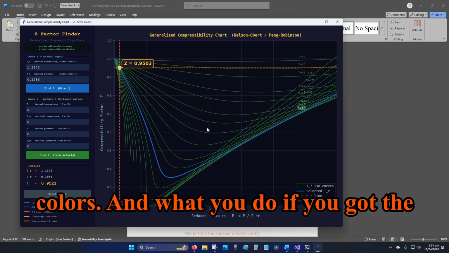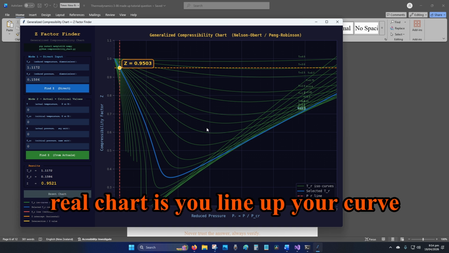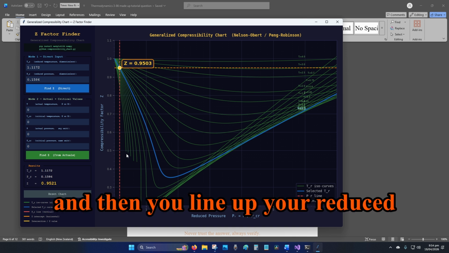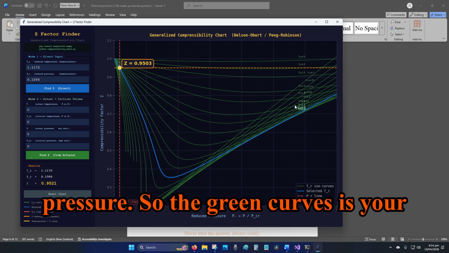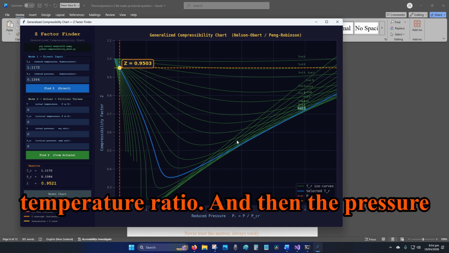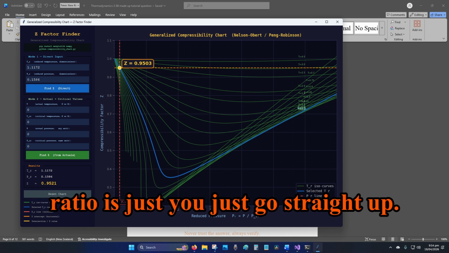And what you do, if you've got the real chart, is you line up your curve and then you line up your reduced pressure. So the green curves are your temperature ratio, and the pressure ratio, you just go straight up.